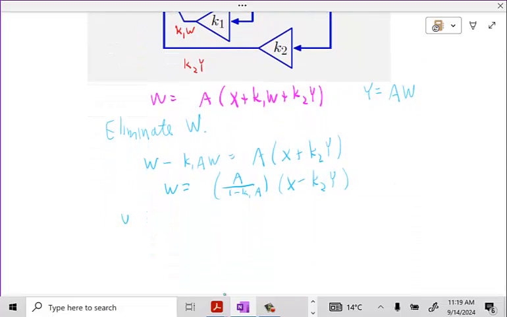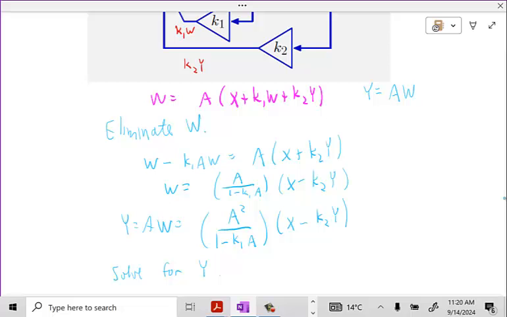Piece of cake. So Y equals AW. That's equal to A squared over 1 minus K1A times X minus K2Y. Now, I don't need to substitute for Y over here because I've eliminated my W, and I can go ahead and solve for Y. So what does Y give me?